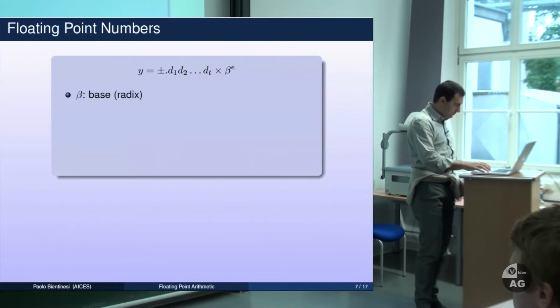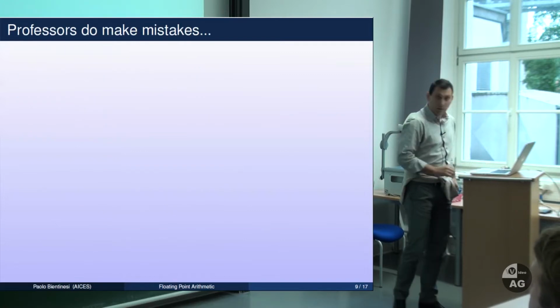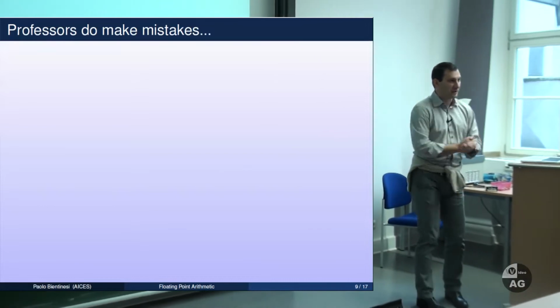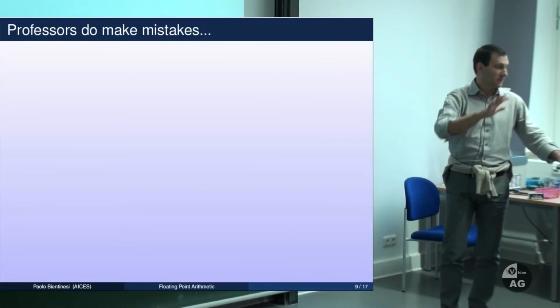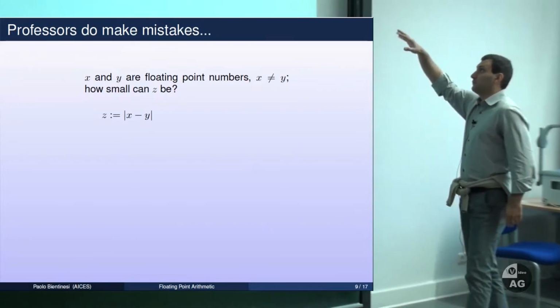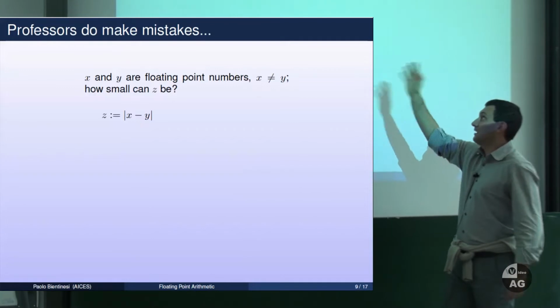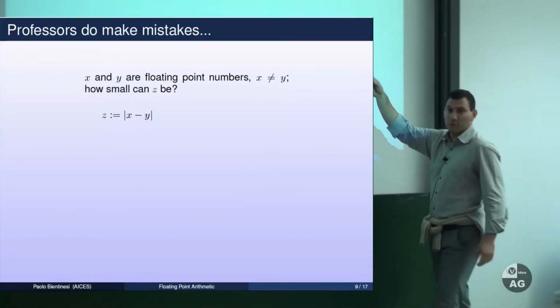Last week, I made a mistake, so I admit it. What happened? I wrote something, and I asked you something. I wrote, we have 2 floating point numbers, and then I wrote that expression, and I said, how small can it be? That quantity is absolutely stupid.